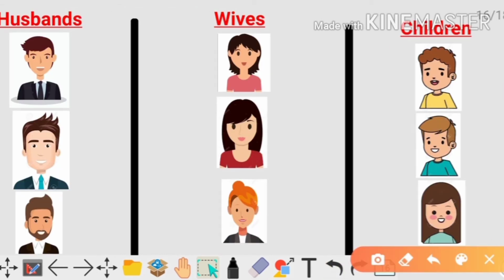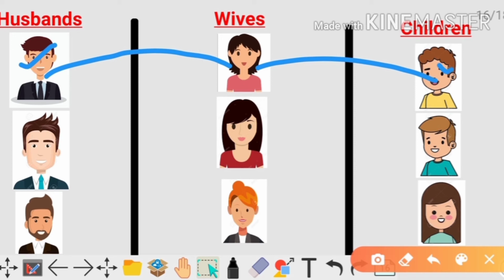Suppose this man is married to the lady, and she is the mother of this boy. Then it's obvious that he is the father of this boy. That means they are related to each other.